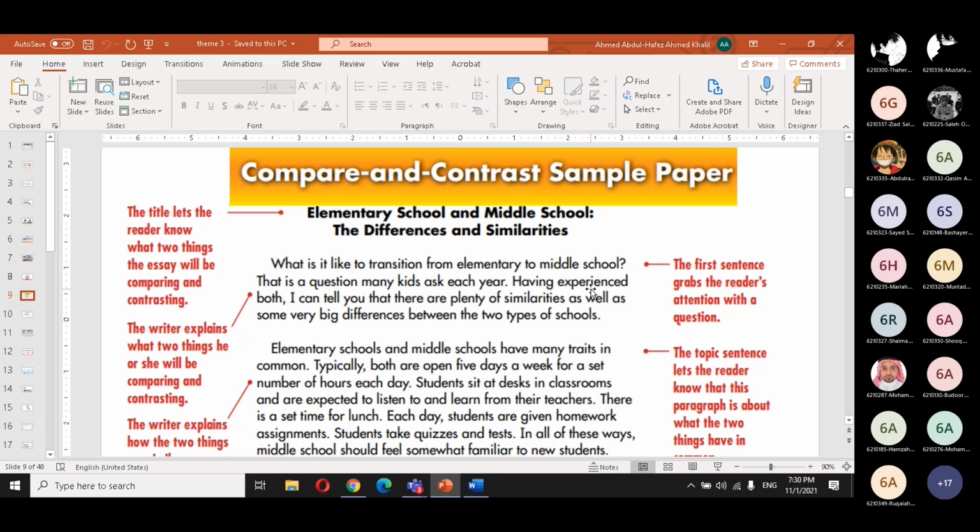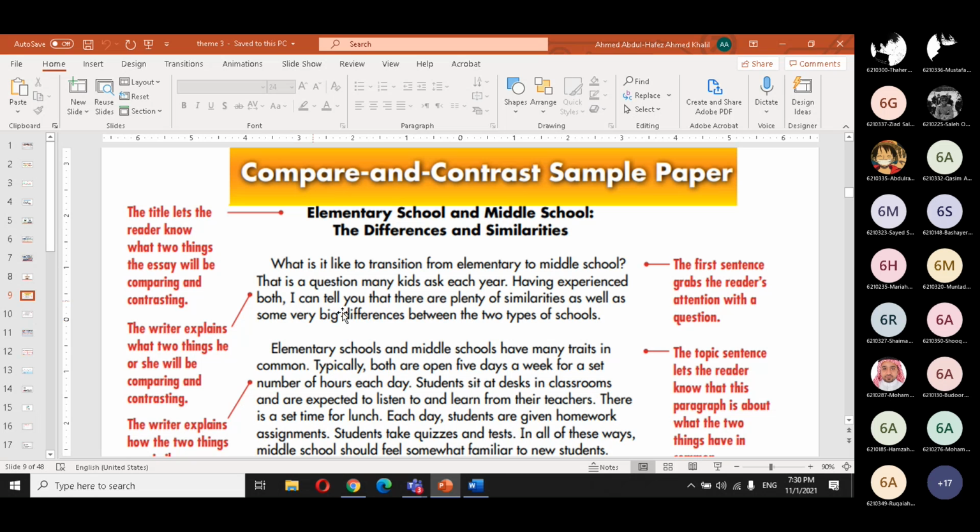How did you feel when you moved from primary school to intermediate school? Okay, so here from this question or from the first sentence, we know that the writer is going to write about elementary and the middle. So you know the topic. That's a question many kids ask each year.